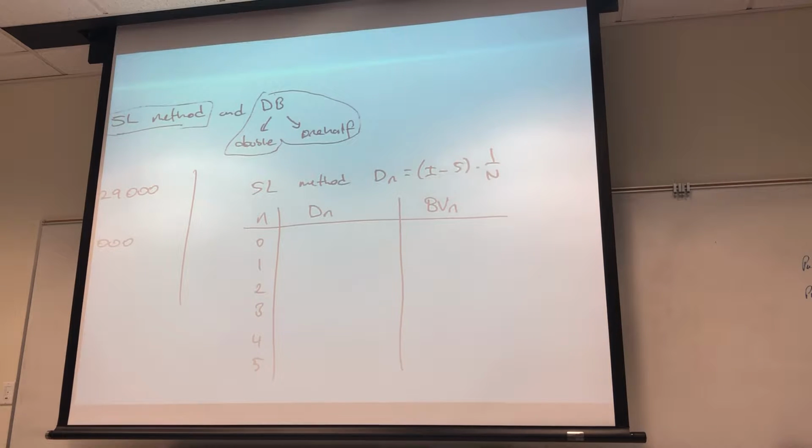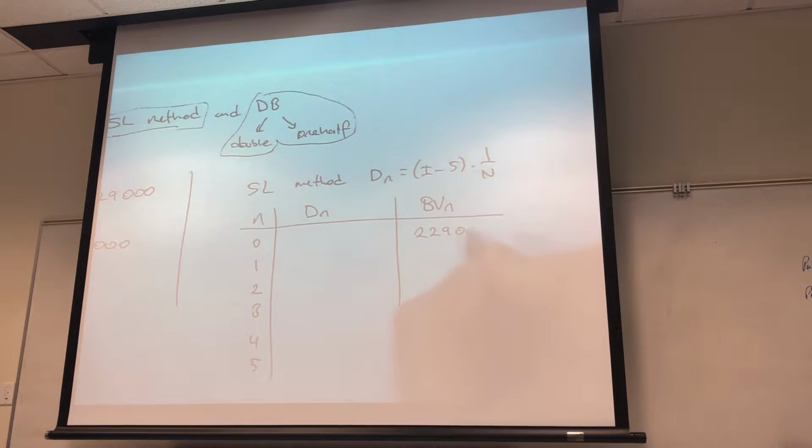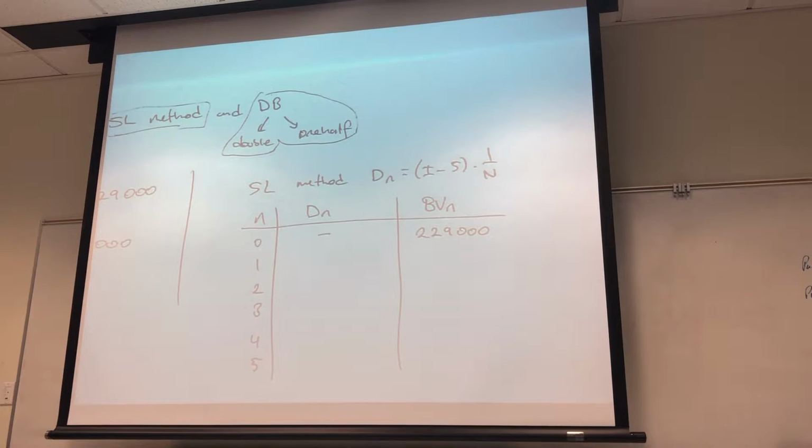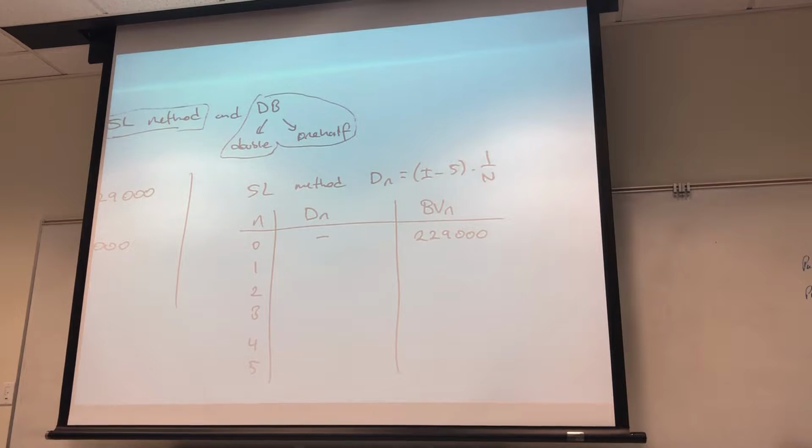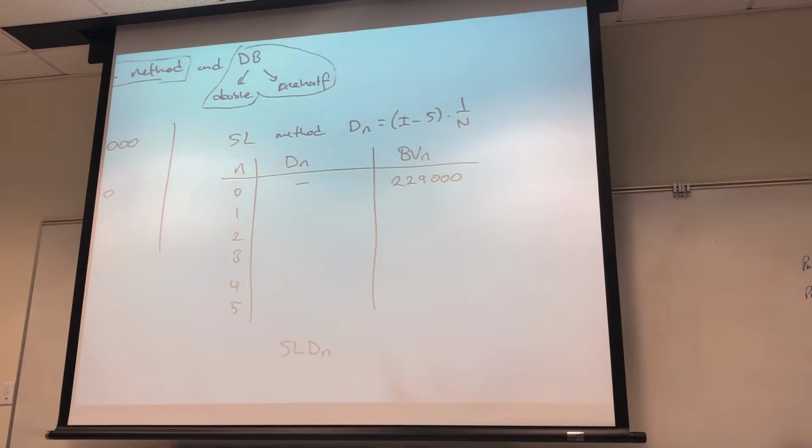We're very excited. We're going to depreciate it now. So our depreciation, I'm going to call it SLDN, will be equal to 229 minus 61 times 1 over N times 1,000. So this will be equal to 229 minus 61 times 0.2 times 1,000. Yep, 33,600.